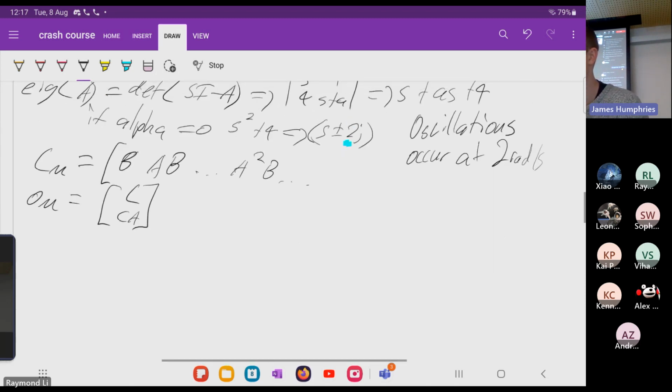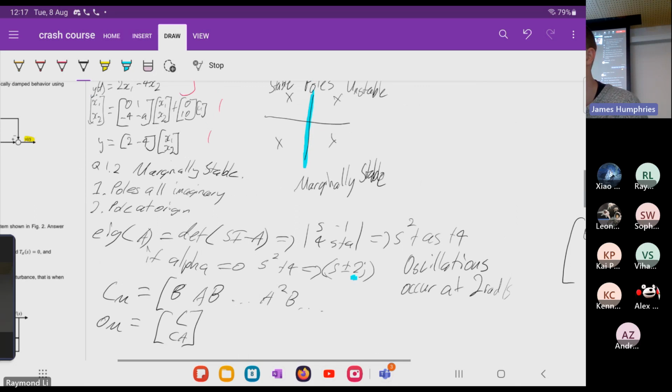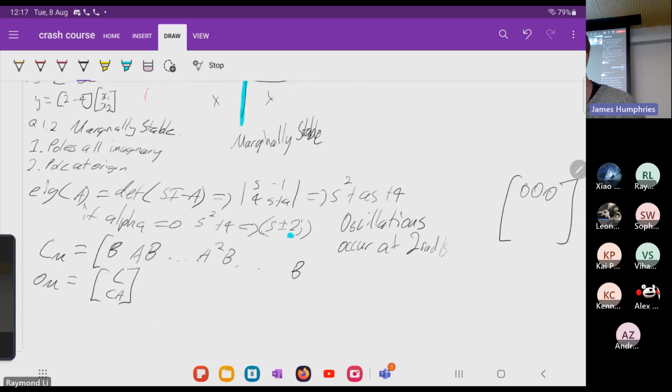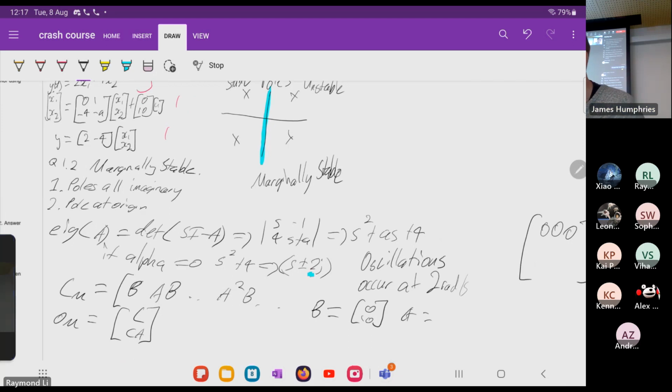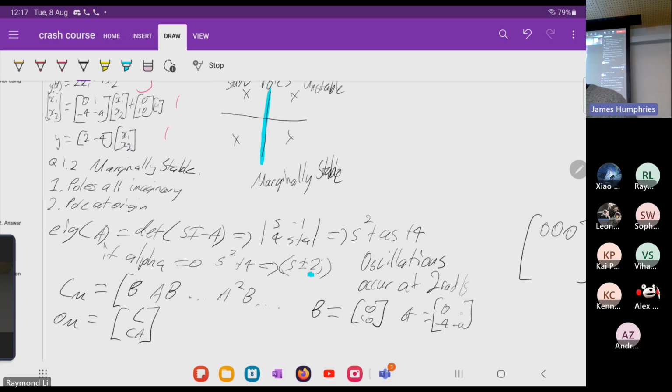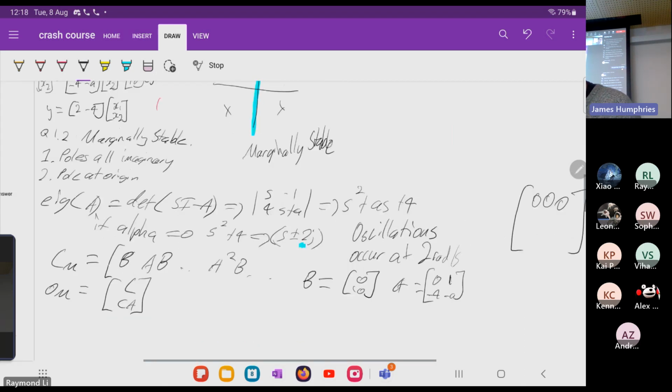So we have our B matrix that we got from above, which is B equals 0, 10. Our A matrix is up there: 0, 1, minus 4, minus alpha.